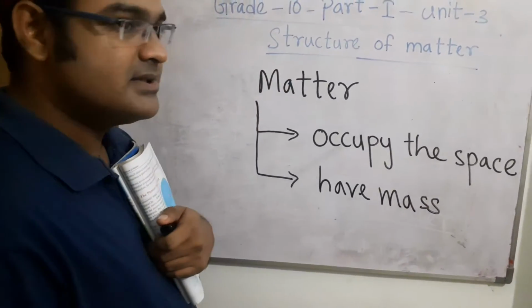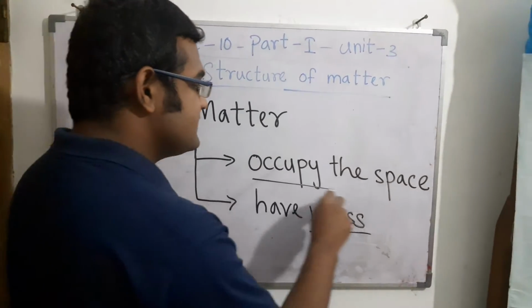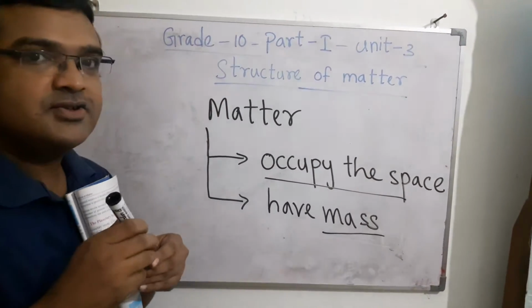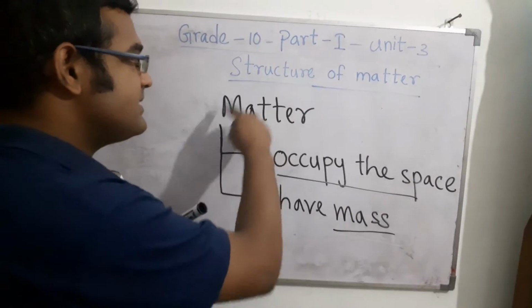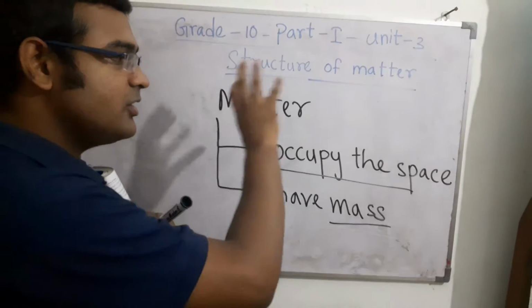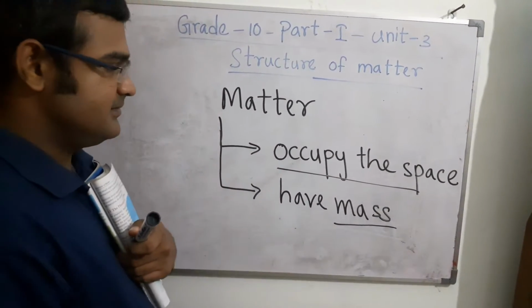If it is matter, it should have mass and occupy space. So these are the characteristics of matter.